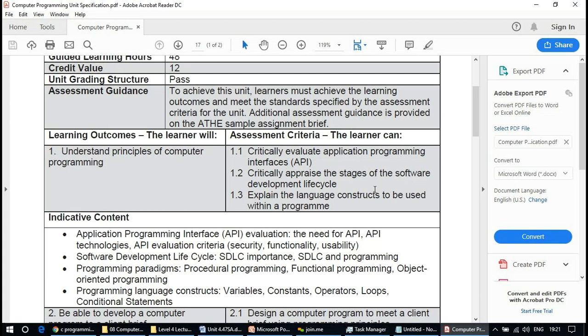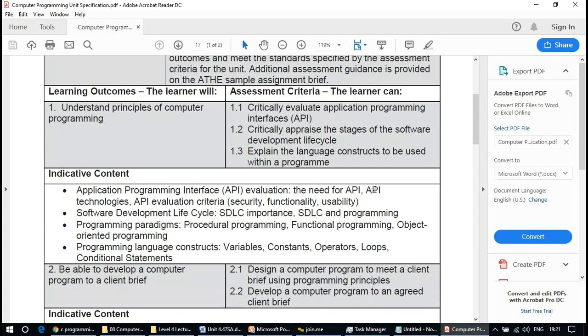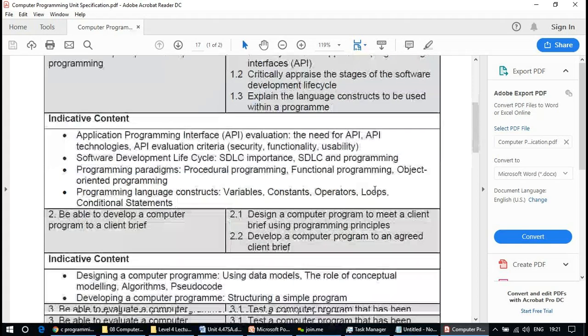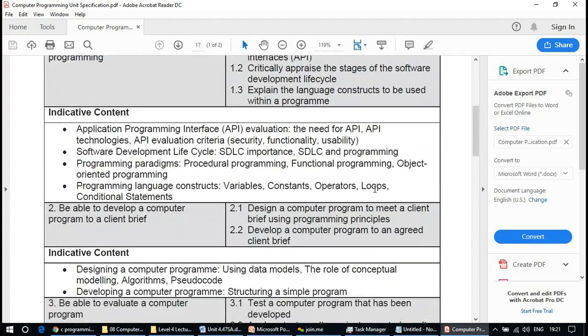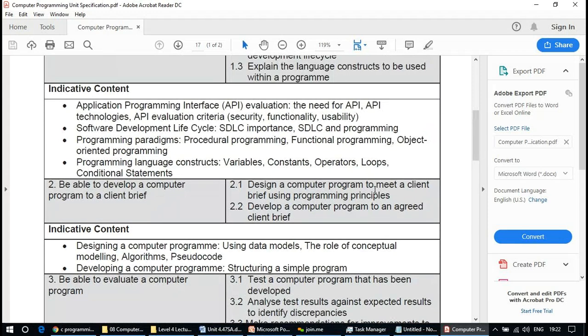Then talk about the software development life cycle, talk about the language constructs. So the language constructs like variables, constants, operators, loops, and conditional statements, they are fine at the moment. We can talk about the programming language.